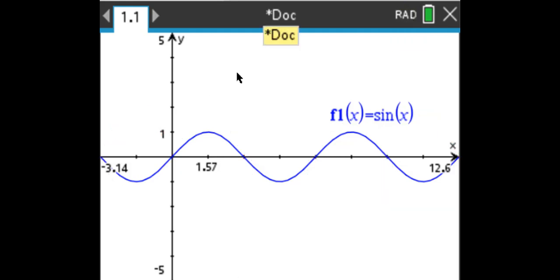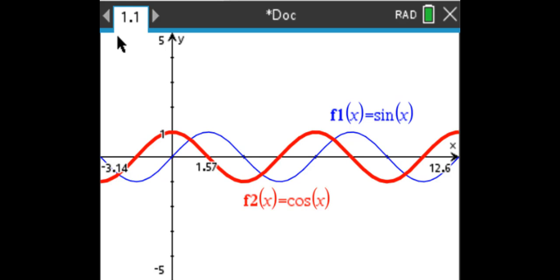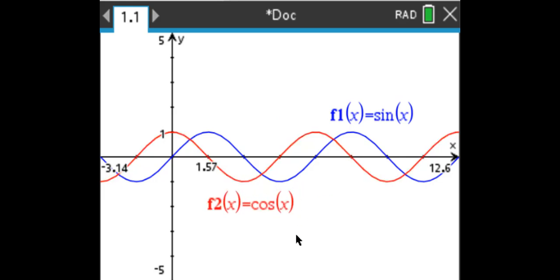Now let's have a quick look at our cos curve in relation to sine. Whereas our sine curve starts at 0, 0, our cos curve starts at 0, 1. And again, it's because of our unit circle. Thinking of our unit circle, cos is our x-coordinate. So our x-coordinate, when our angle is 0, is 1.